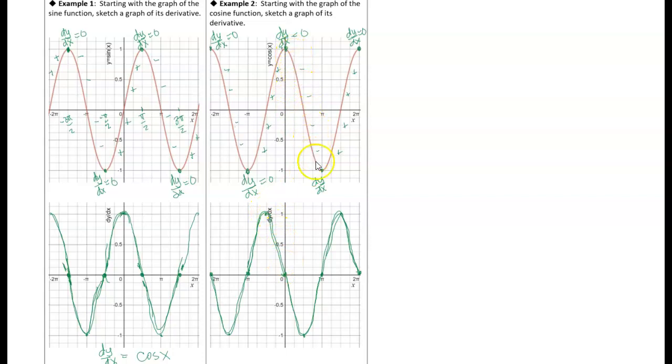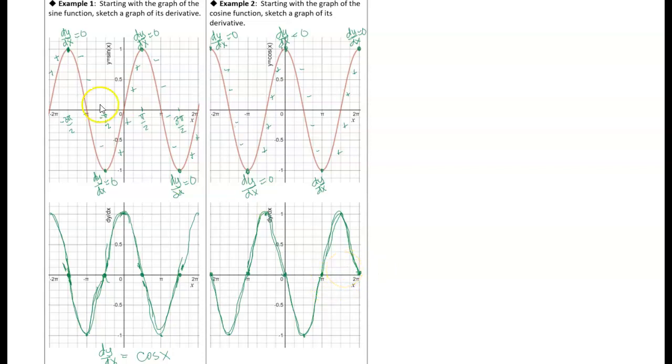And here the slope is decreasing, so the graph of the derivative is below the x-axis. And so on. Here the function is increasing, and the slope, which is the derivative, is above the x-axis. Okay, so there's a graph of the derivative of cosine. Now that should also look familiar, right?